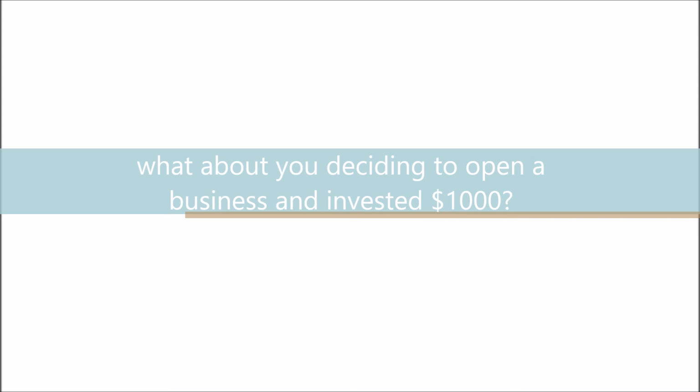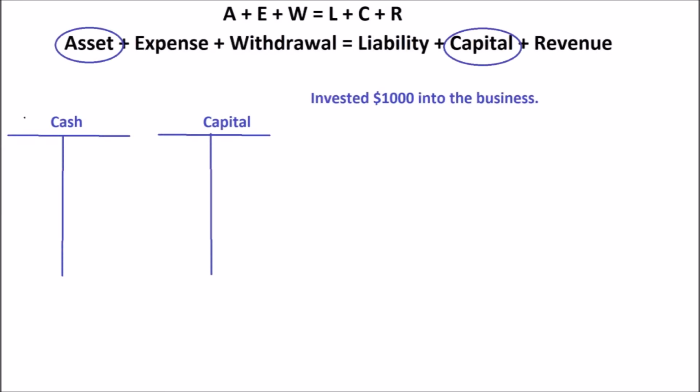So if we want to list this transaction, how are we going to do it? Let's take a look at our previous notes. So if you open a business, basically your capital is going up and your cash should go up. Now from this chart, take a second and try to understand which one should be debit and which one should be credit.